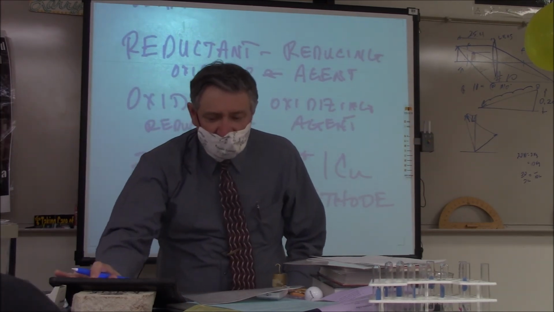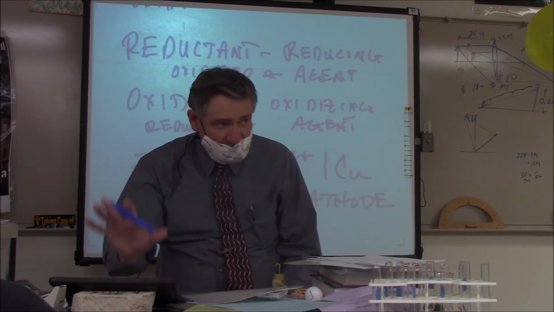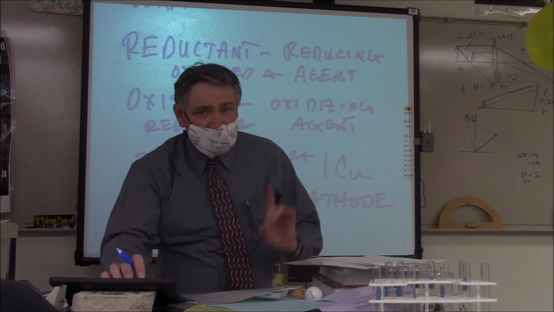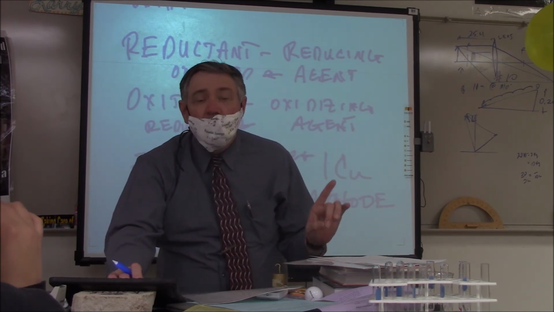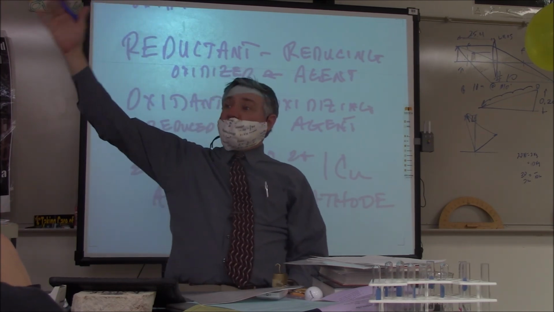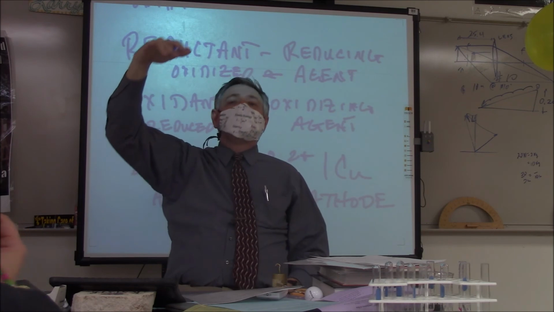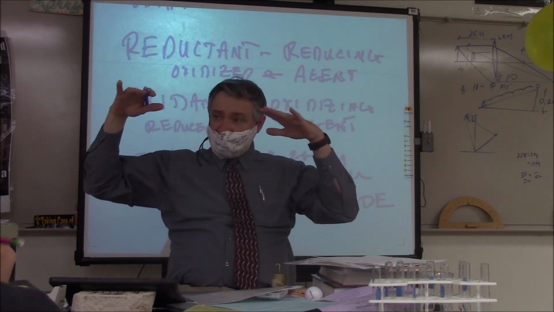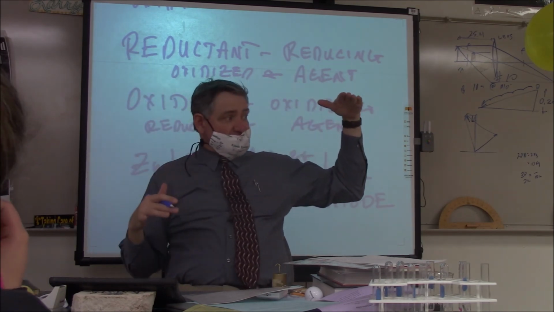But here's the deal. This is what you have to be able to understand. As this reaction goes on, what's going to happen to the concentration of my zinc ions? It's going to increase, because I'm making more and more zinc ions. What's going to happen to the concentration of my copper ions? It's going to decrease. So as soon as this reaction begins to run, I'm going to see a change in these concentrations.